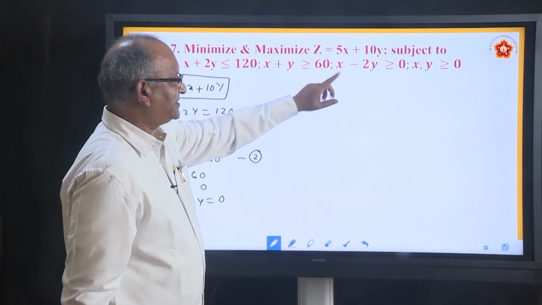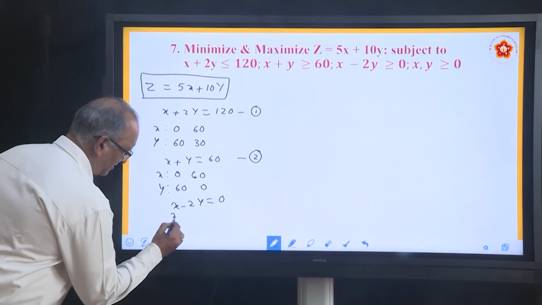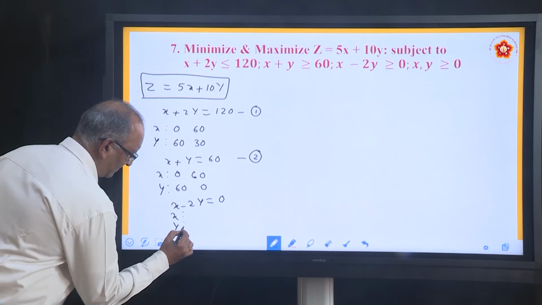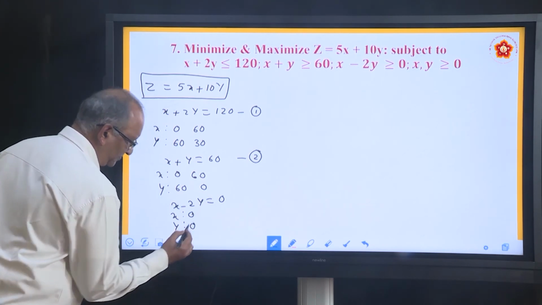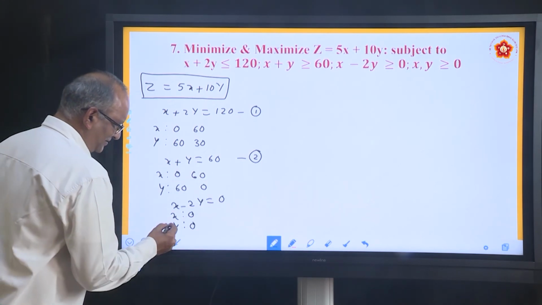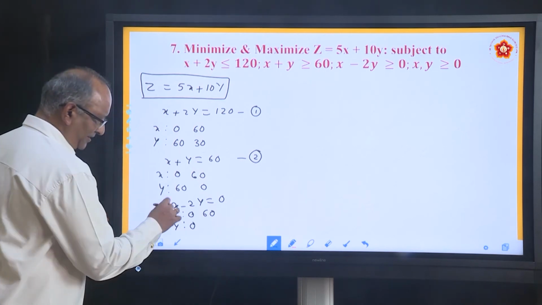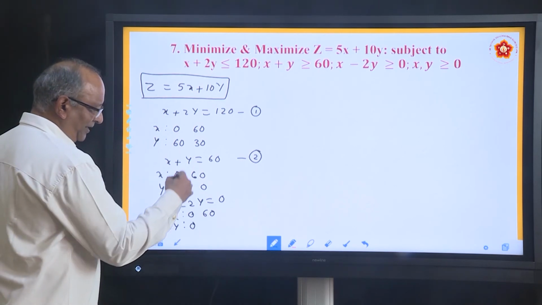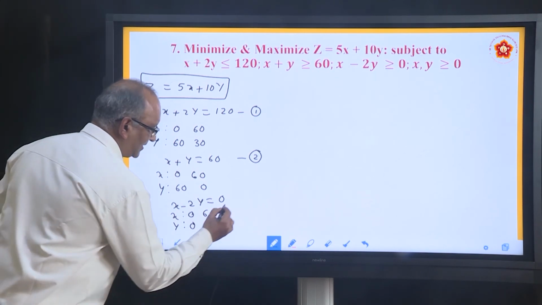X minus 2y is greater than or equal to 0. So take the values x and y. If x is 0, y is 0 because x is equal to 2y. Suppose x is 60. If x is 60, take 60 other side, you will get minus 2y equal to minus 60, y equal to 30. This is the third one.